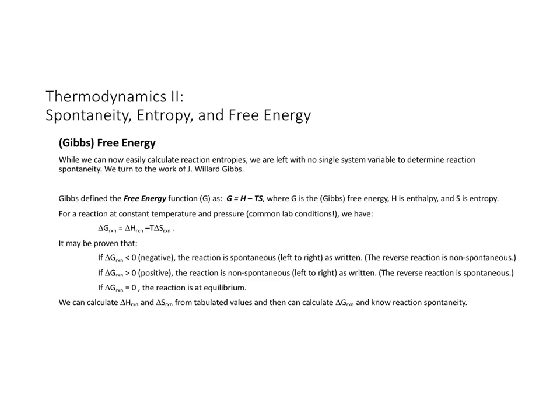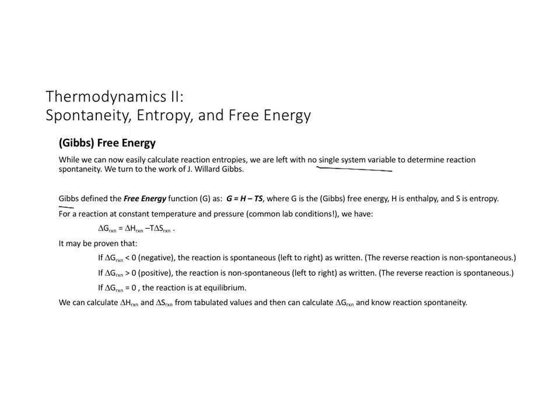Now, because we have a method of doing enthalpies and entropies, we turn our attention and give our thanks to the good work of J. Willard Gibbs. He has provided us with a single system variable to determine reaction spontaneity.